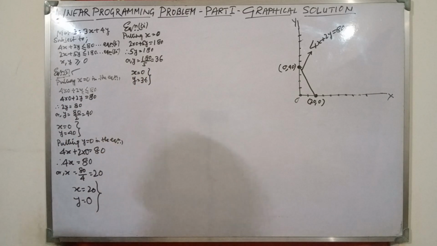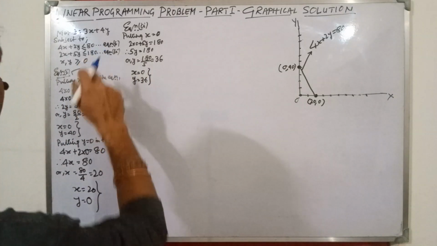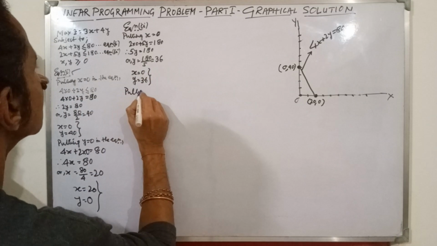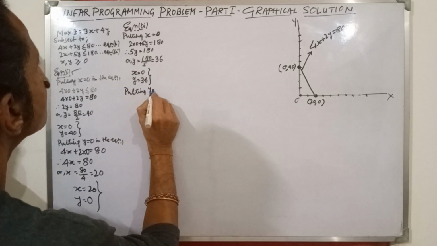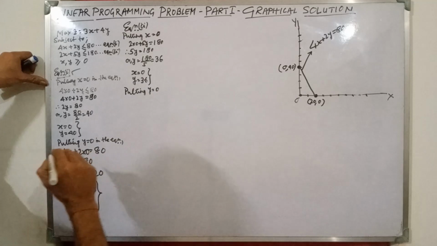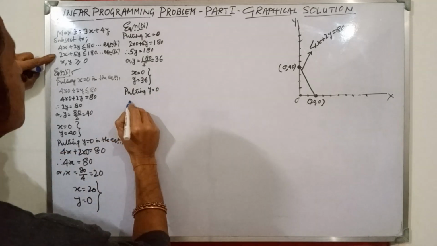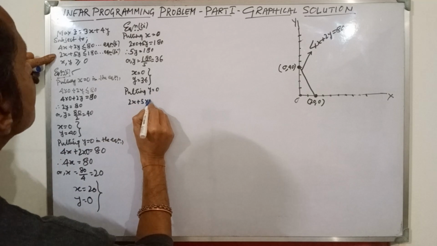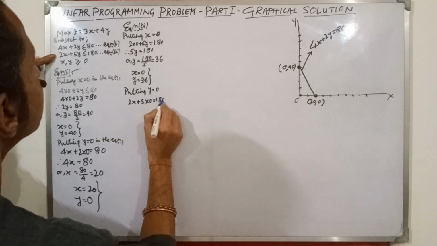Now we shall put y equals 0 in equation 2. Putting y equals 0, what do we get? 2x plus 5 into 0 equals 180.